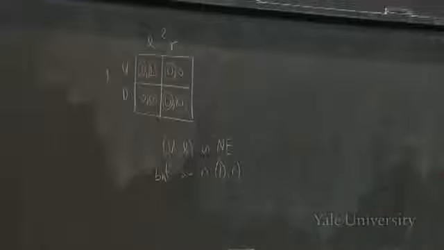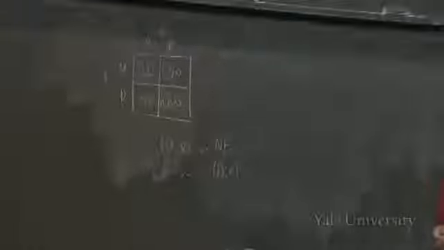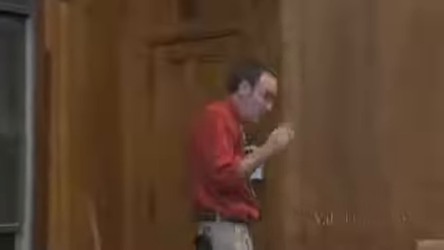If player 2 is choosing right, your best response, weakly, is to choose down. If player 1 is choosing down, player 2's best response, weakly, is to choose right. And this arises because of the definition of Nash. It's a very definite definition.